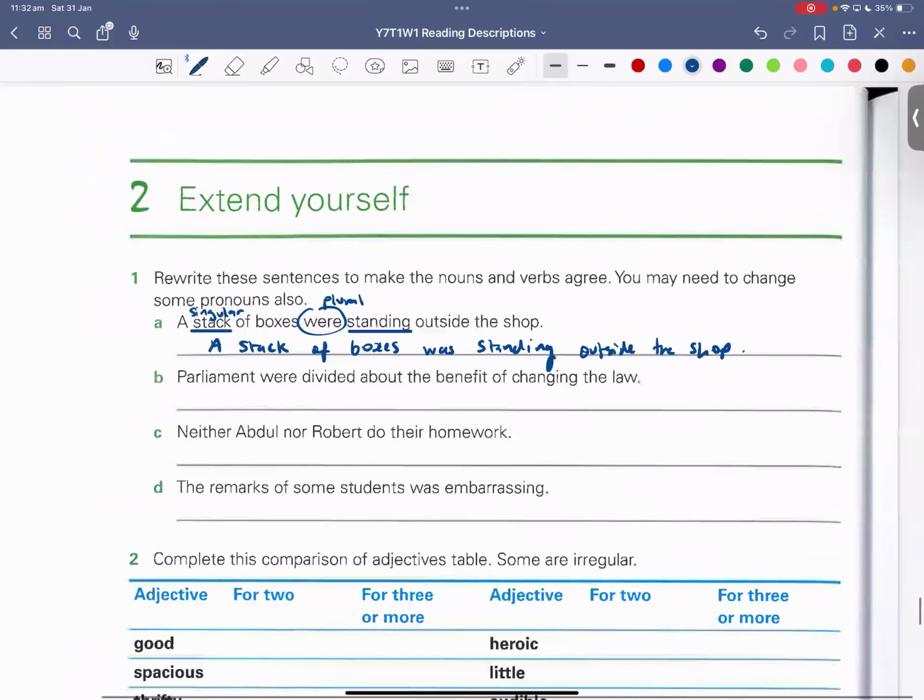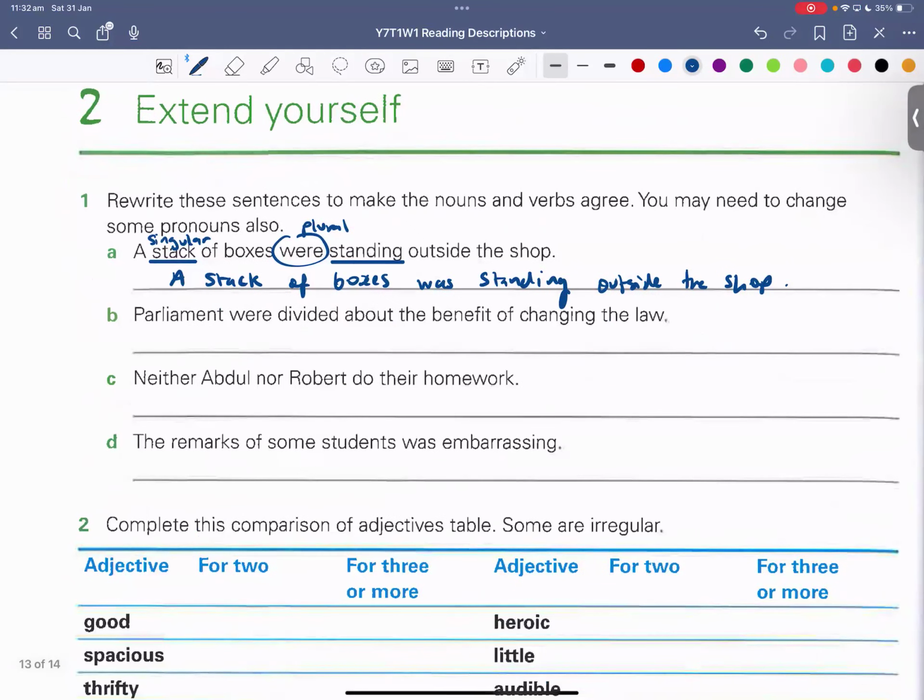Okay, now I'm going to give you a few moments to have a go at the next three yourself to see if you've gotten the hang of this.